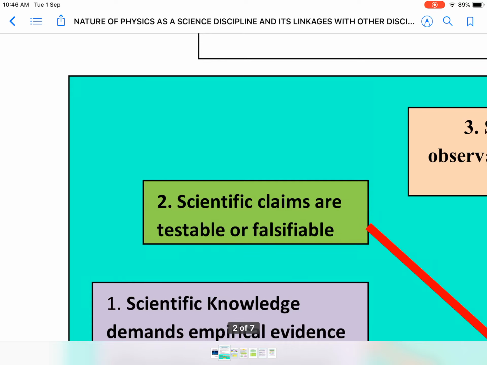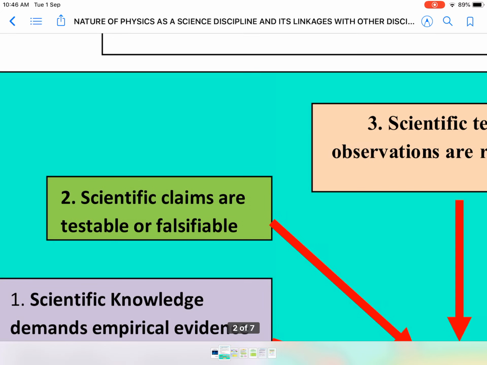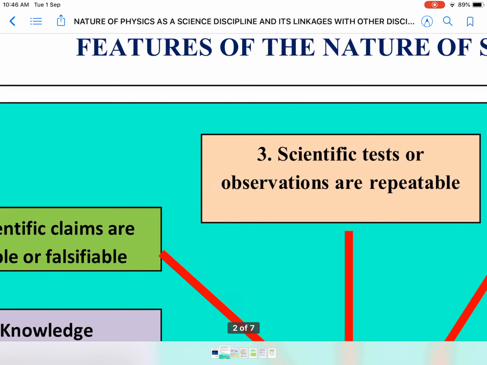It is to be tested, and whatever hypothesis is formulated or propounded, we cannot say that all those hypotheses will be true. Only some of the hypotheses, out of many, one or two, will come out as a truth as a result of continuous observation and experimentation.